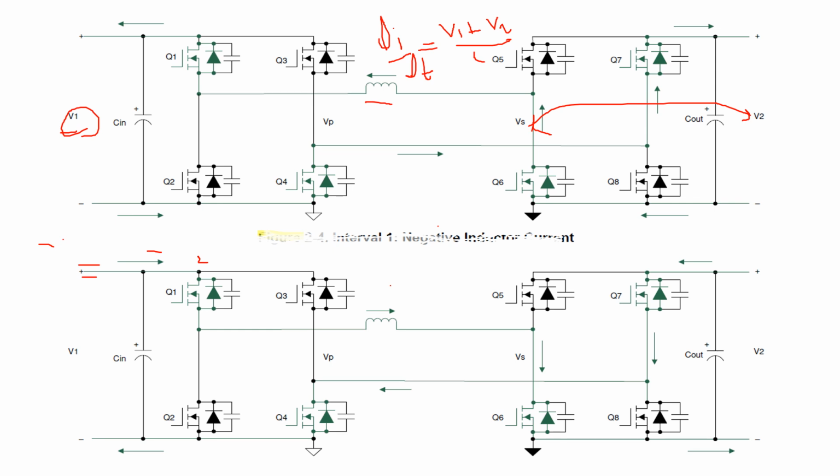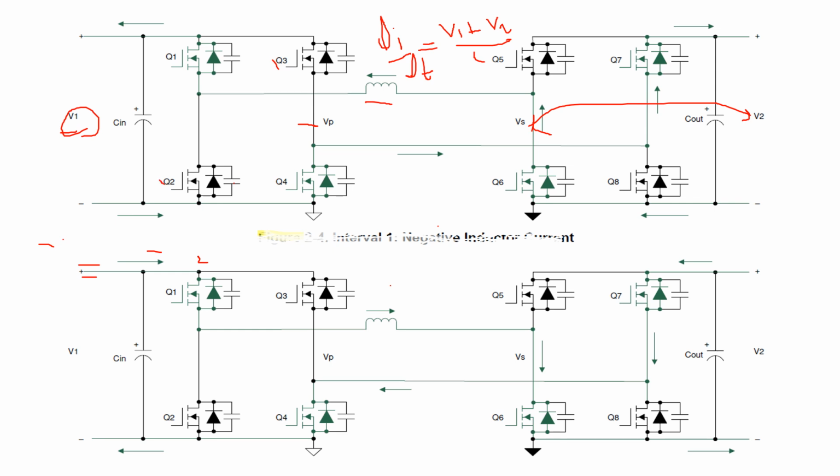During this interval, switch Q5, this one, and Q8, which is this one, continue to remain turned on. But as the voltage across the primary side becomes negative V1, switches Q2 and Q3 turn on to conduct current.